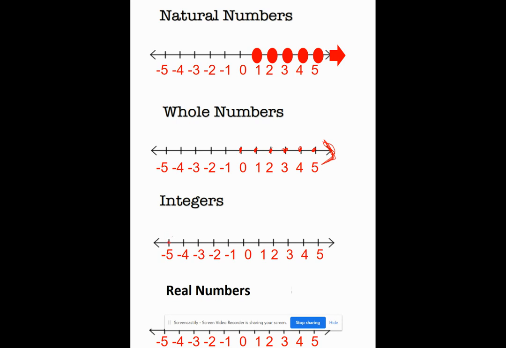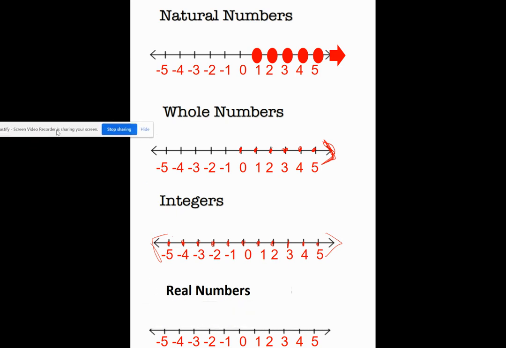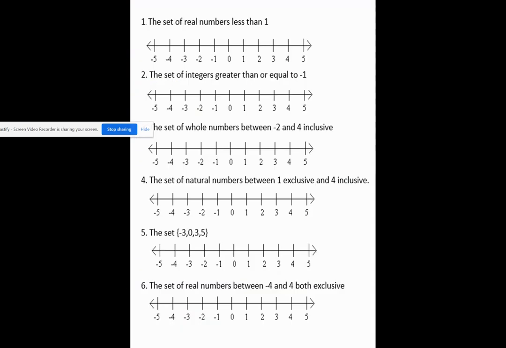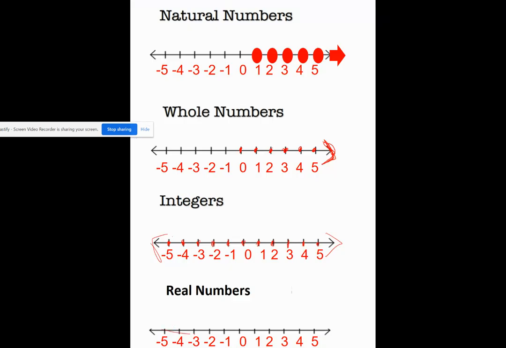Your integers, we are all the negatives. This takes a while to draw. And they keep going both ways. And your rationals, real numbers. Your real numbers are the shaded in line.